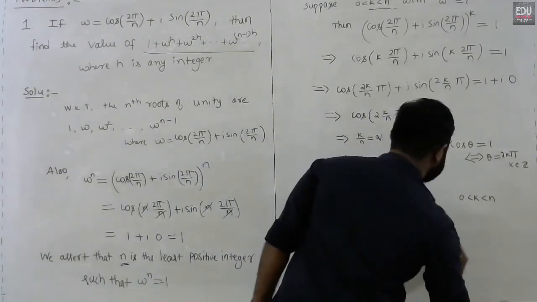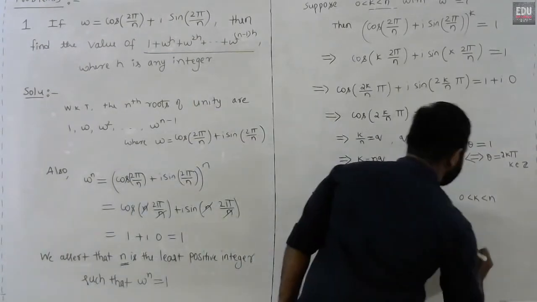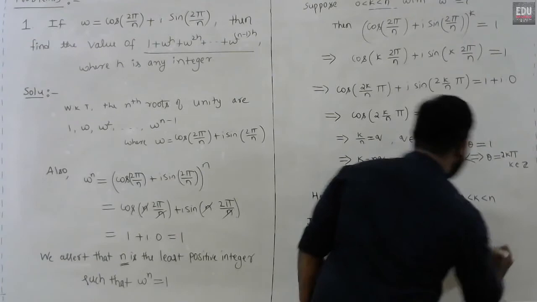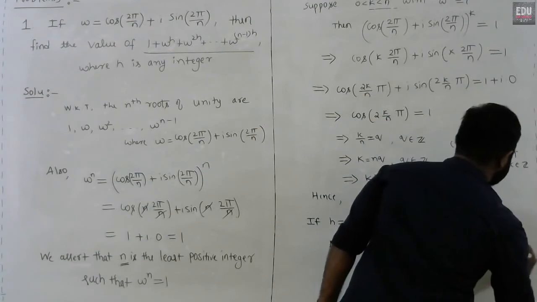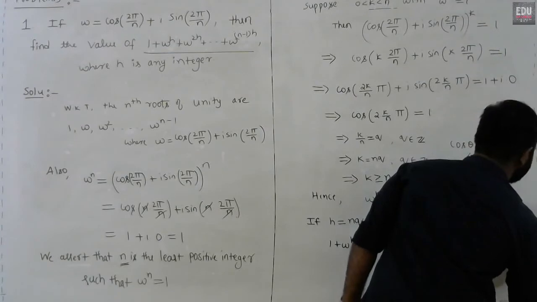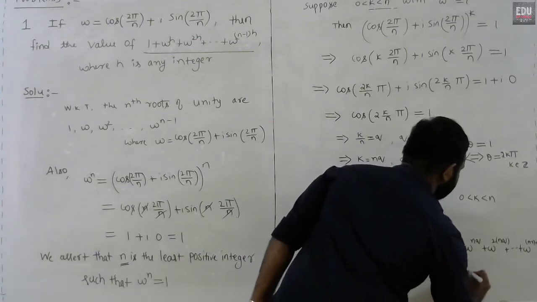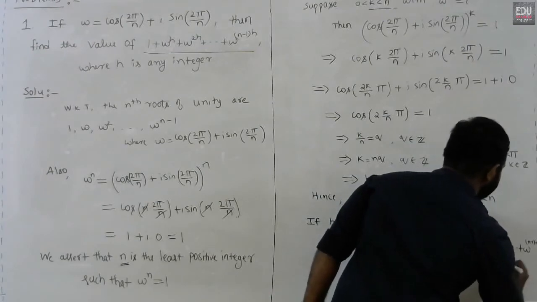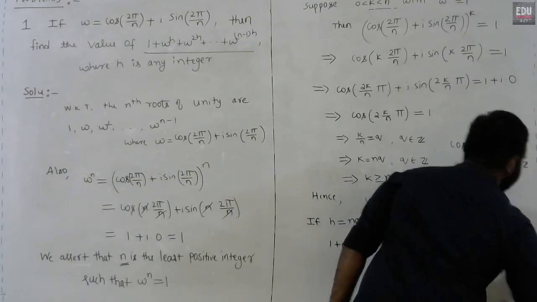In place of h, I can write n into q, so it is 1 plus omega power nq, plus omega power 2nq, plus so on, omega power n minus 1 into nq. So it is 1 plus omega power n whole power q, omega power n whole power 2q plus so on, omega power n whole power n minus 1 into q.